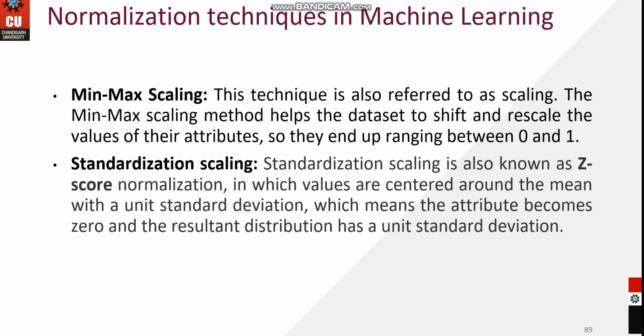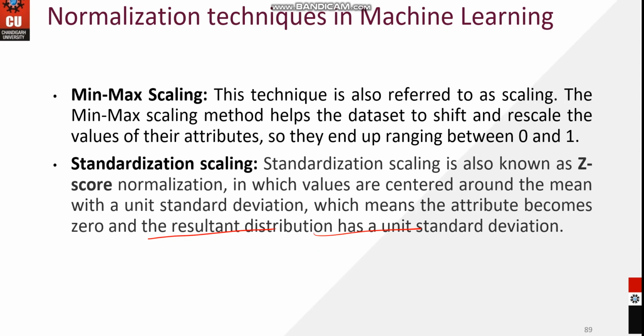Another one is standardization scaling, which is also known as Z-score normalization, in which the values are centered around the mean with the standard deviation, which means that the mean of the attributes becomes 0 and the resultant distribution has a unit standard deviation.